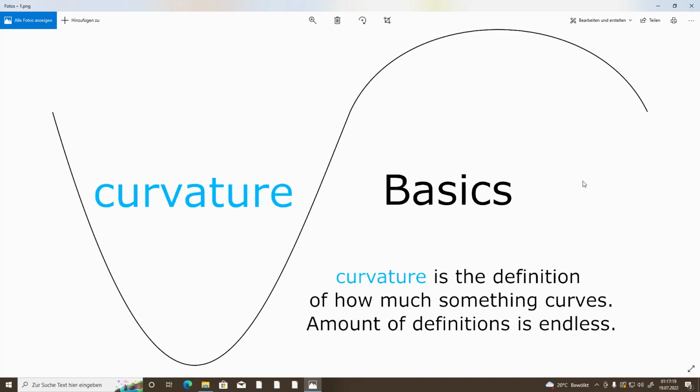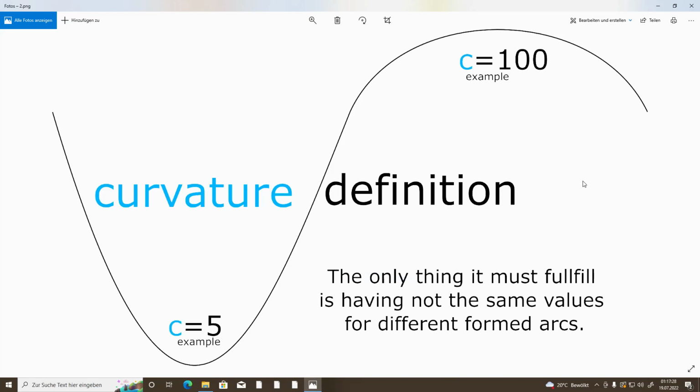Now, the only thing a definition should fulfill, and honestly it doesn't really matter if it does, is that if you want to use it, it would be good if different arcs have different values for curvature.